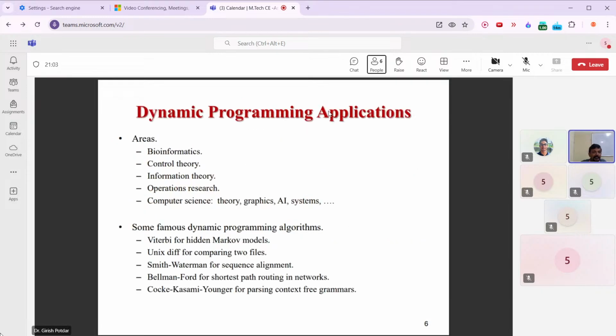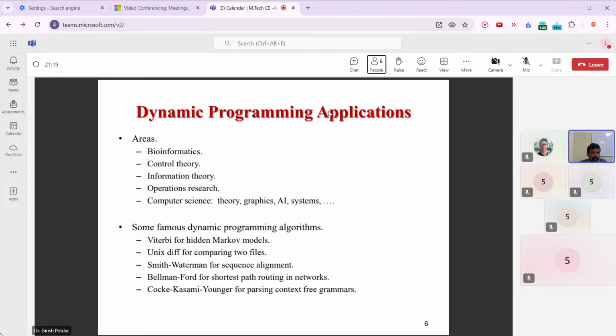Then applications. It has a variety of applications: bioinformatics, control theory, information theory, operations research, graphics, AI, systems level. There are plenty.